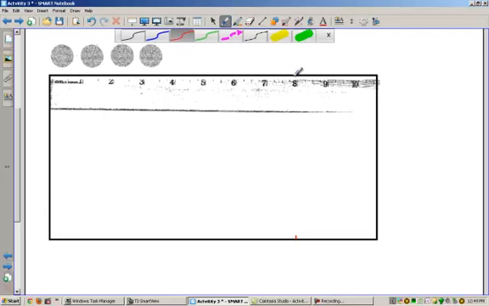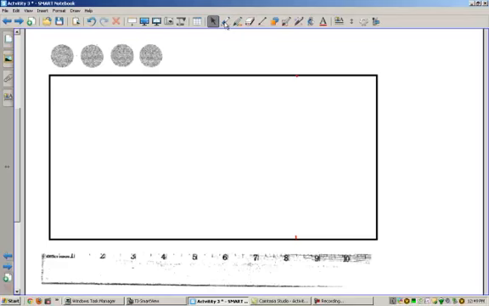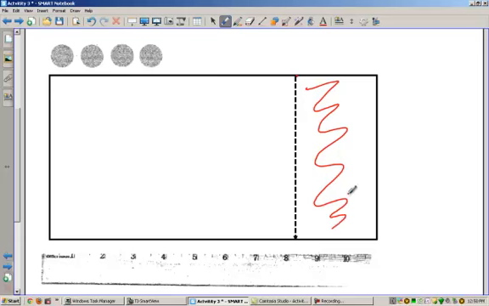So here's your 8, and then I can fold it along this line. I'd make a fold from here down to here, and I'd rip all this off on the right. Fold it and rip.